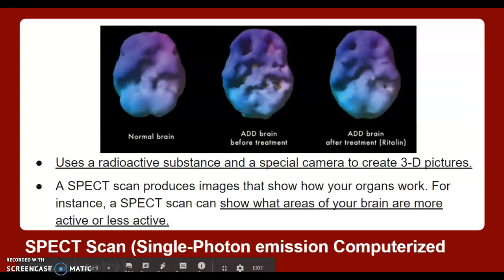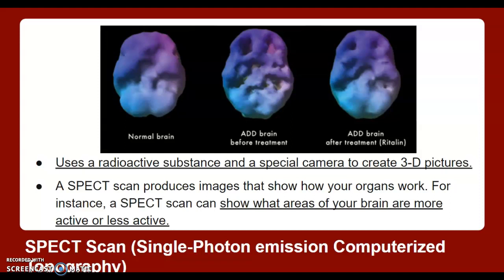Our last scan we're going to look at is the SPECT scan. The SPECT is a nuclear imaging scan that integrates computed tomography, which is like a CT, and a radioactive tracer. The tracer is what allows doctors to see how blood flows to tissues and organs.